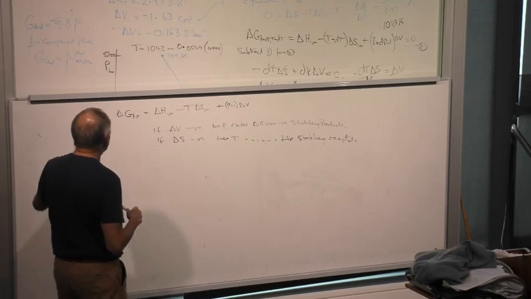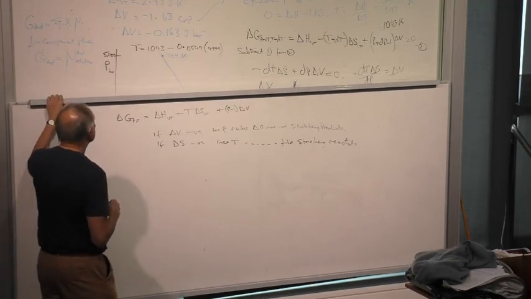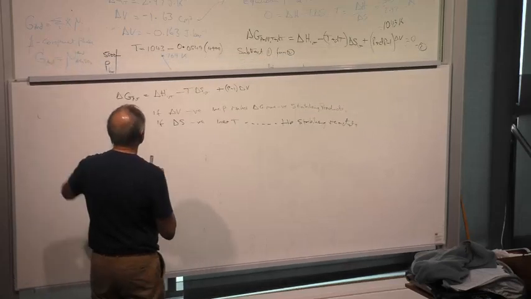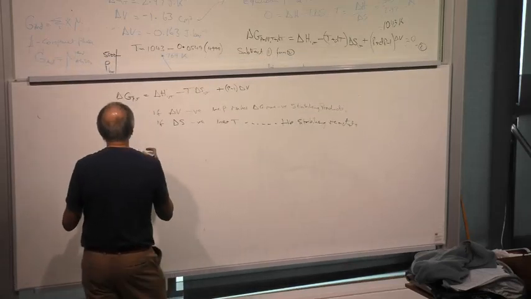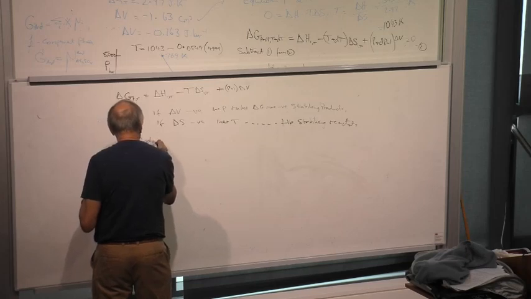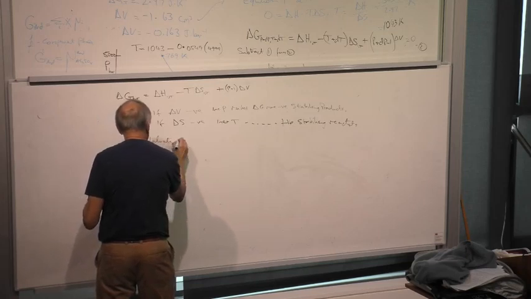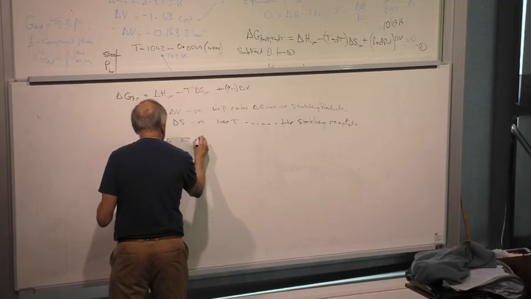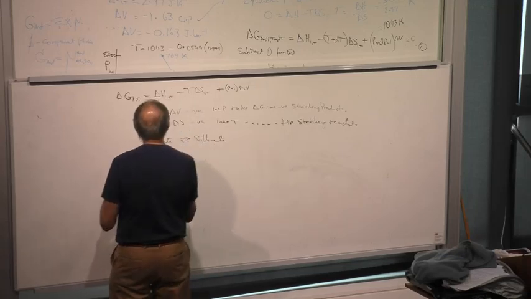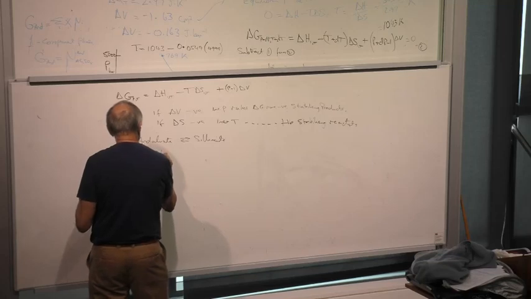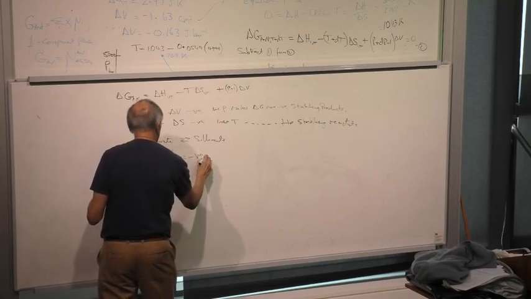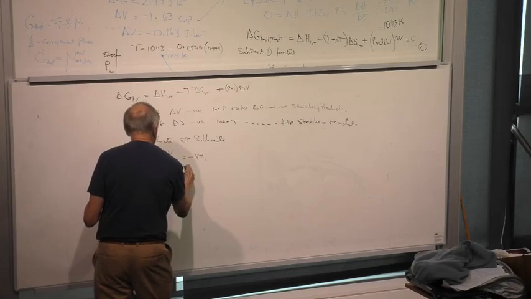So what we have here, not sure that we can see all the board now, what we have is andalusite goes to sillimanite. So delta V is negative and delta S is positive.